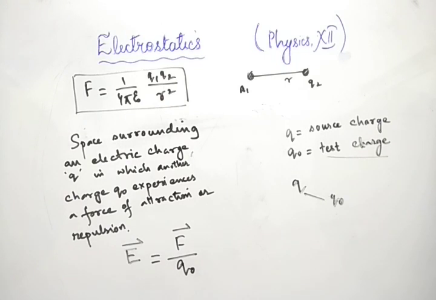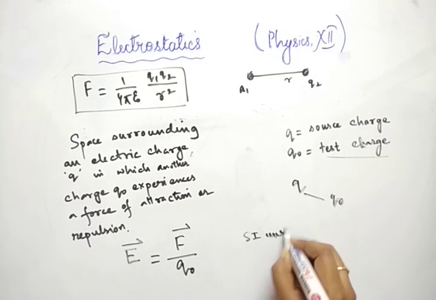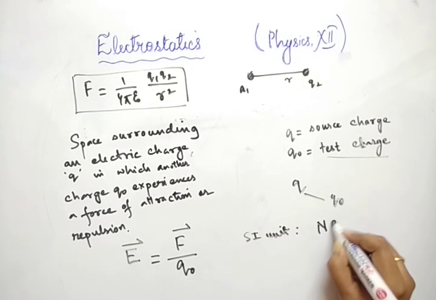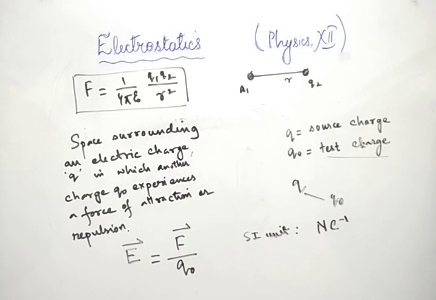Now, what is the unit of electric field? You can easily understand that this is force by charge, so the SI unit is Newton per Coulomb. Okay, so this is the unit of electric field.